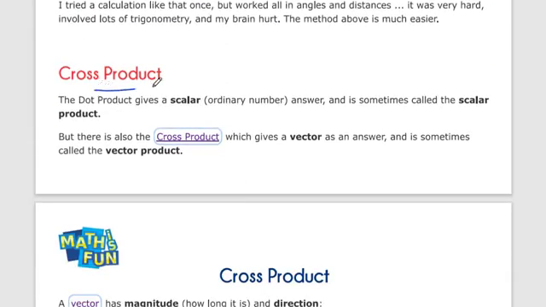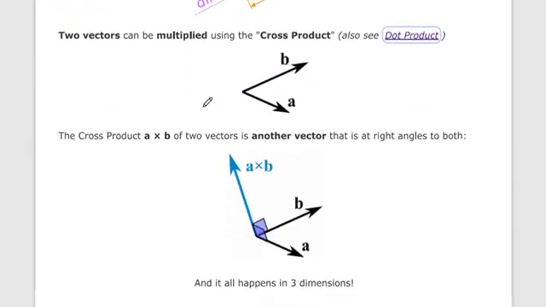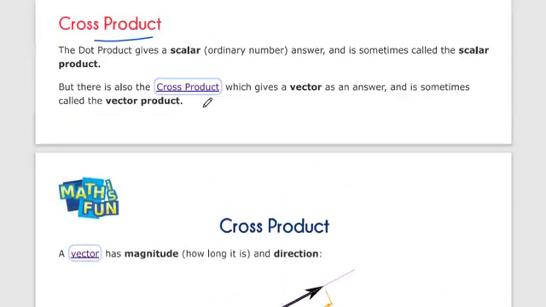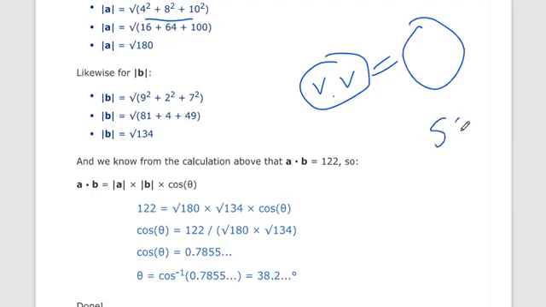Okay, now let's start with the cross product. After multiplication of two vectors with the help of the dot product, we get a scalar quantity, some number like 2, 3, 4.